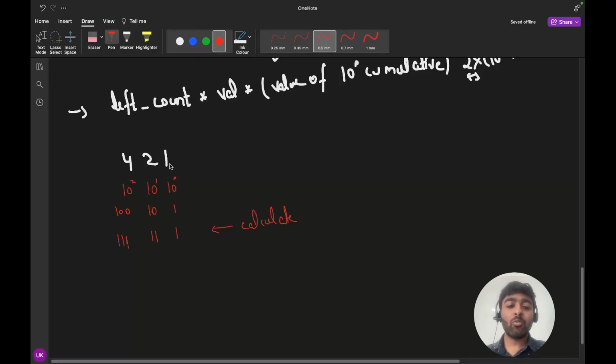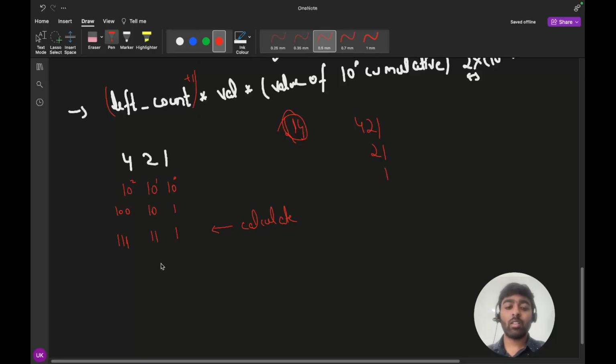Next, what I told you, we have to see the left count. For this one, left count is 2, and for the right side it is also 1 time. So left count plus 1. Why? Because this 1 will also be written as a single one. 1 with 4 2 1, 1 with 2 1, and 1 with this 1.